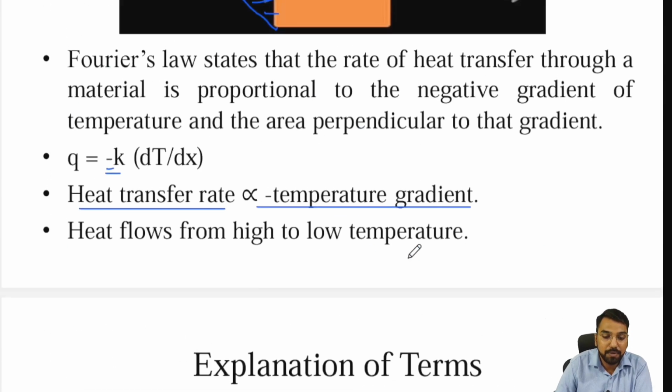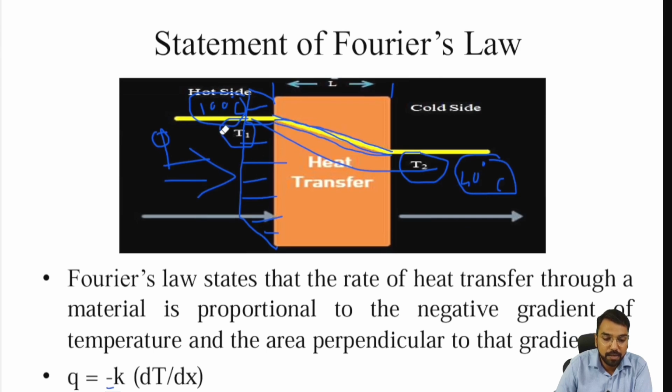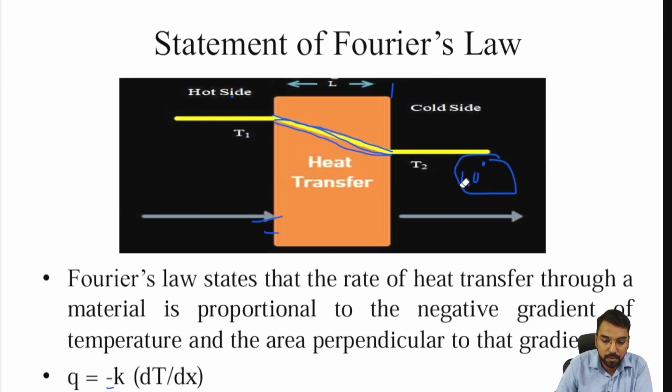In this previous example, we have seen that heat transfer takes place. Let's say this is a solid block, and heat is going to transfer from this hot side to the cold side. But in actual practice, how is this law applicable to our engineering or day-to-day life?